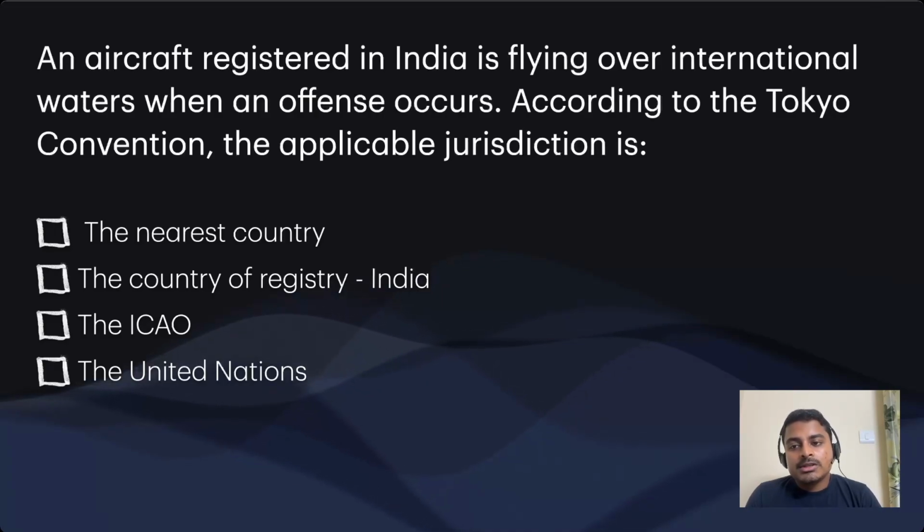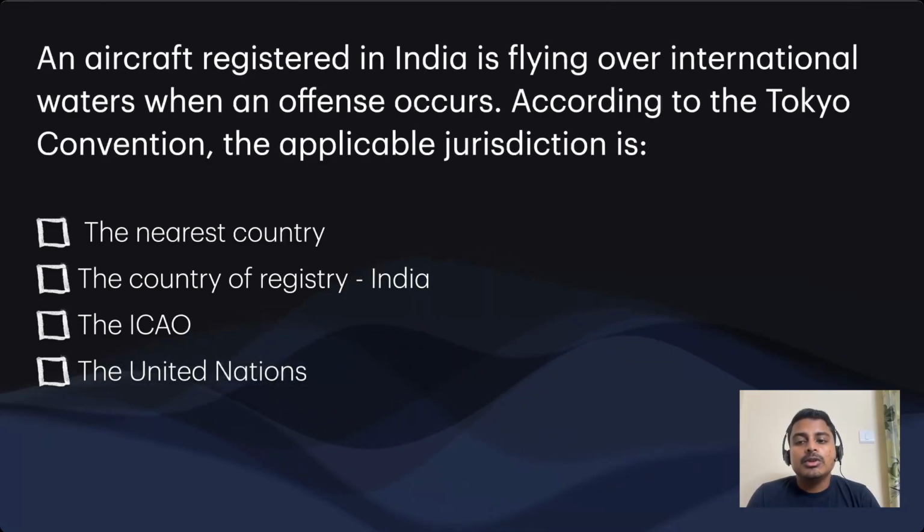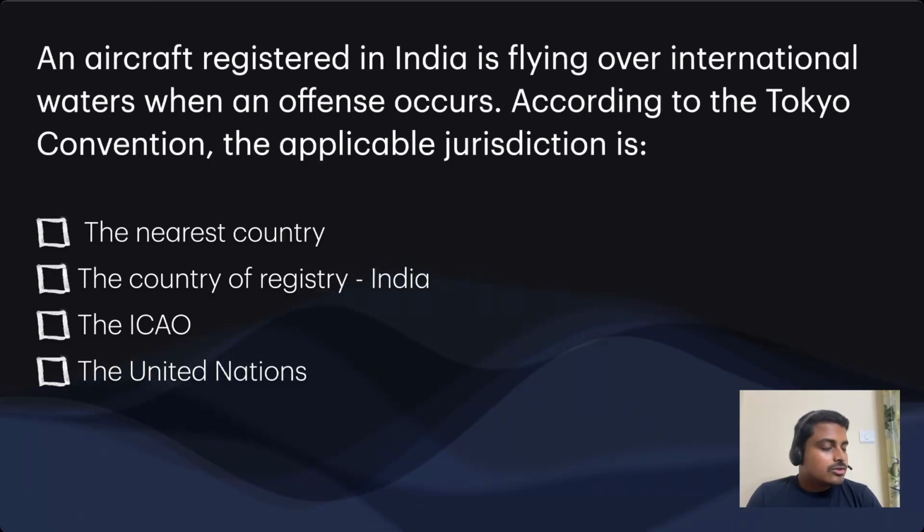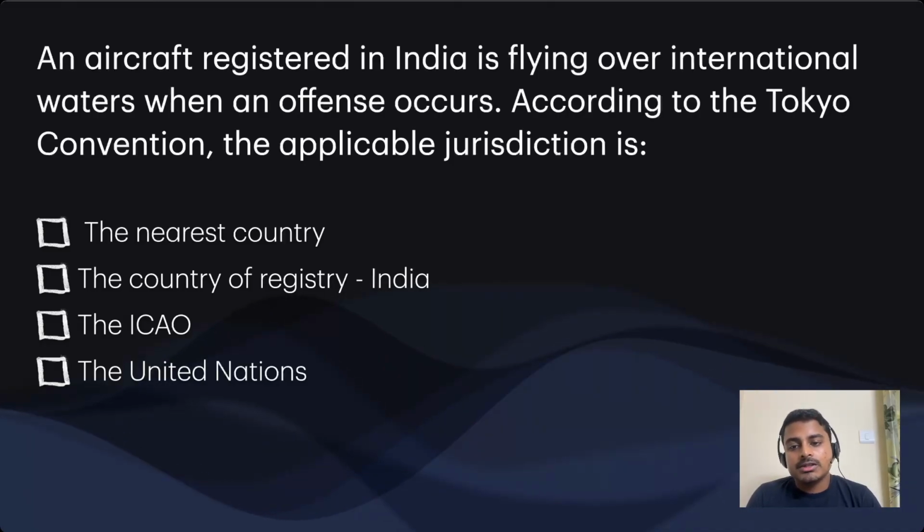Whenever an offense is happening on an aircraft, the primary jurisdiction belongs to the country of registration of that aircraft. In this case, the country of registration is India. So the primary jurisdiction is applicable to the country of registry, that is India.